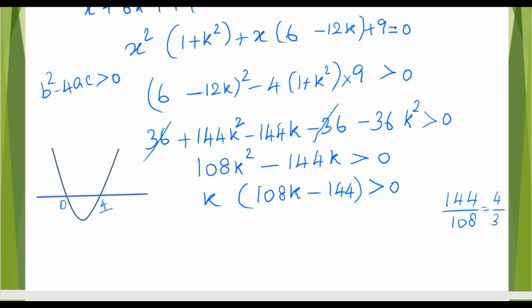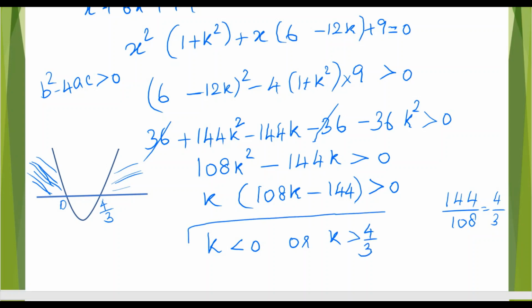So this will be 4 over 3. Okay. Now this intersects at two distinct points. So we want b squared minus 4ac is greater than 0. So we want this part and this part. So we can say k is less than 0 or k is greater than 4 over 3.